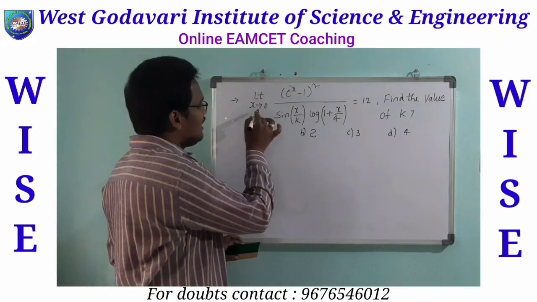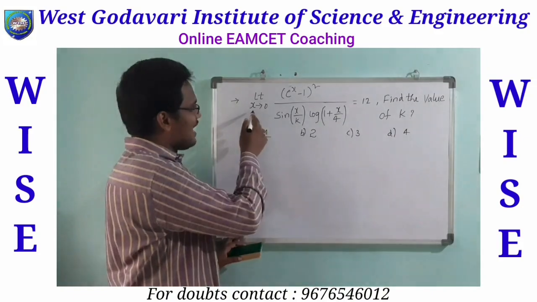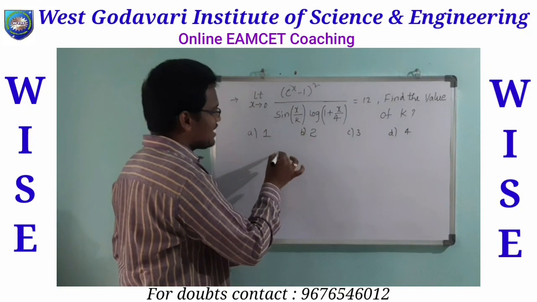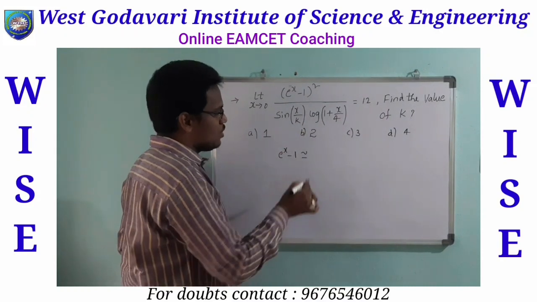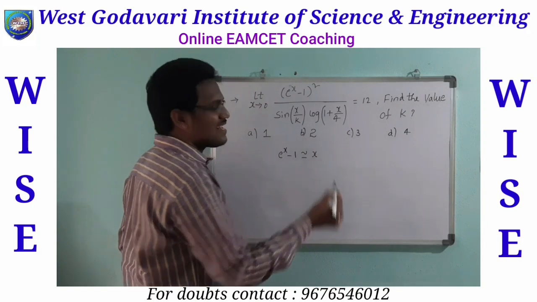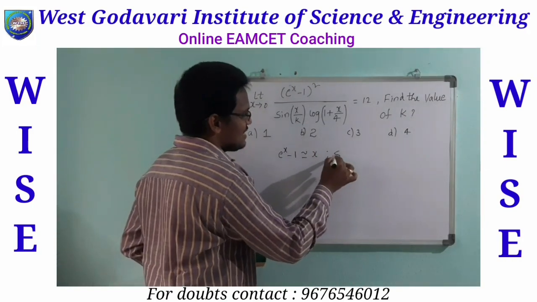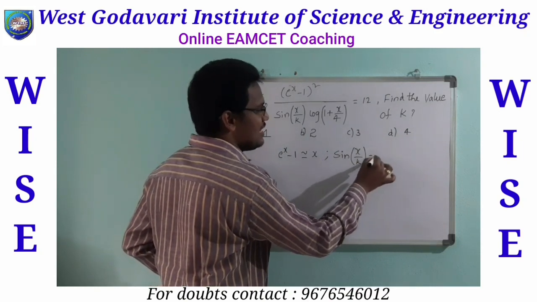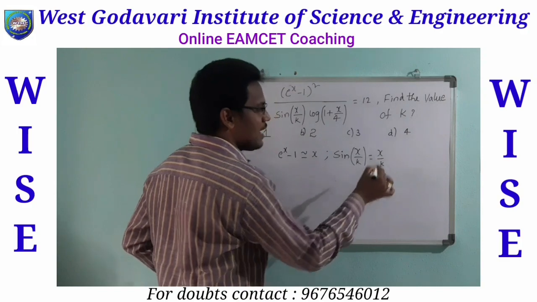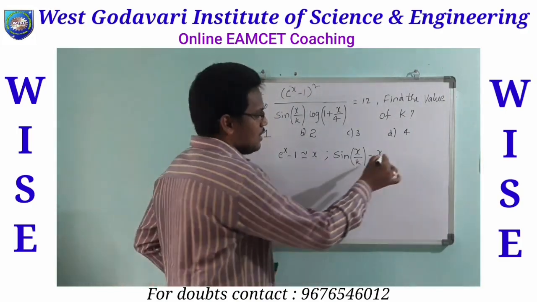We know that here x tends to 0. Whenever x tends to 0, e power x minus 1 is approximately equal to x. Same as sin x by k is approximately equal to x by k. Already we have discussed these properties previously.